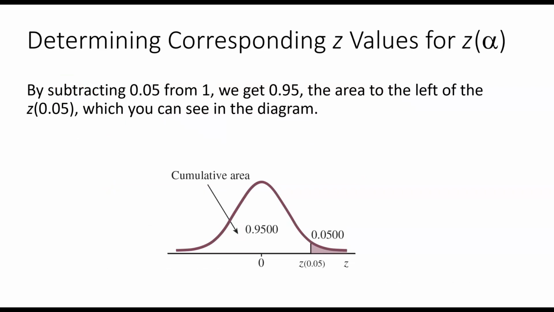Okay, so getting back to that first example, Z of 0.05. Remember, it's got 0.05 to its right, therefore it's got 0.95 to its left. And notice I'm putting those with 4 decimal places because in table 3 they use 4 decimal places. So let's take a look at looking up 0.9500.